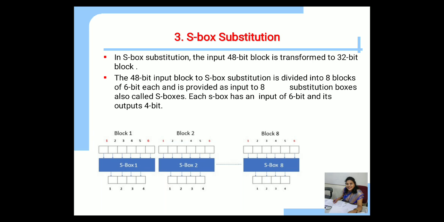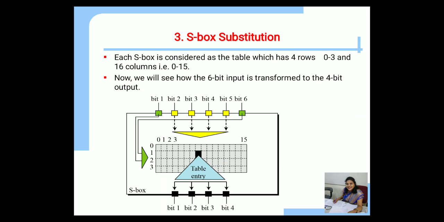This is the output from the XOR operation of key transformation and expansion permutation. Then we divide it into 8 parts of 6 bit each, and we reduce the first and last bits by converting each 6 bit block into a 4 bit block. How does it perform? See here, the total input is 6 bit and the output has 4 bit.